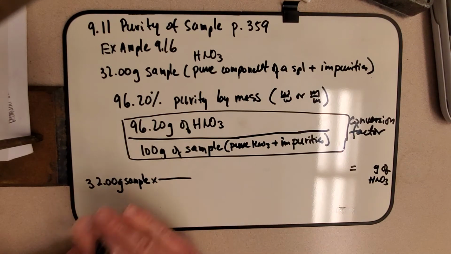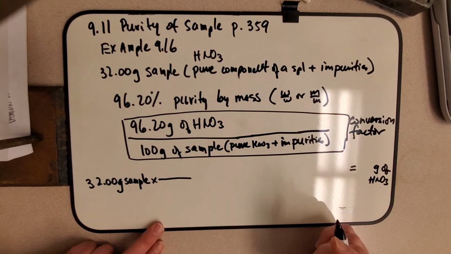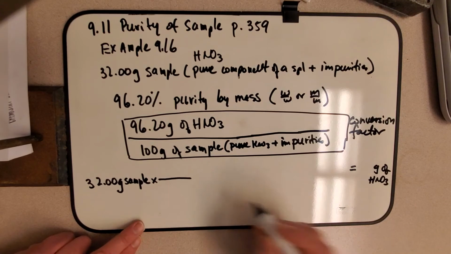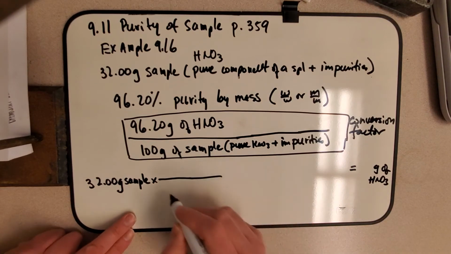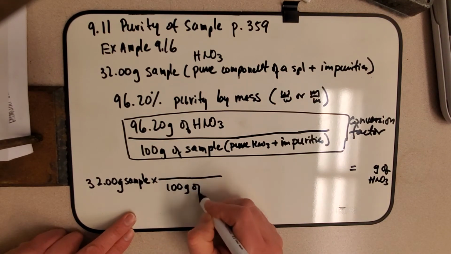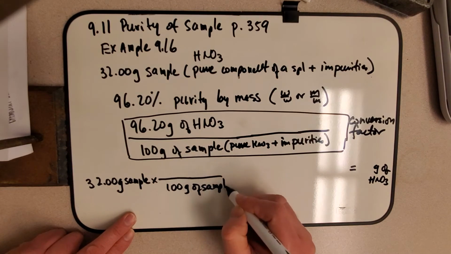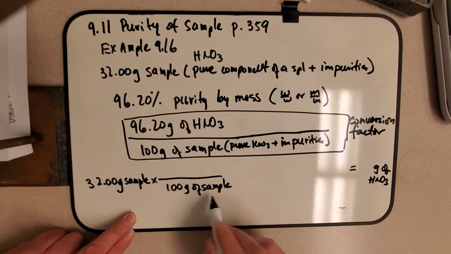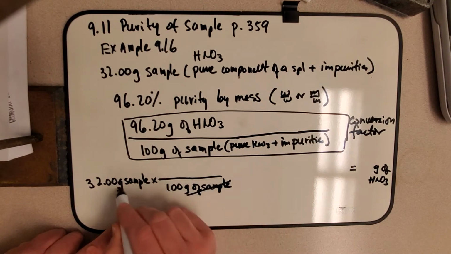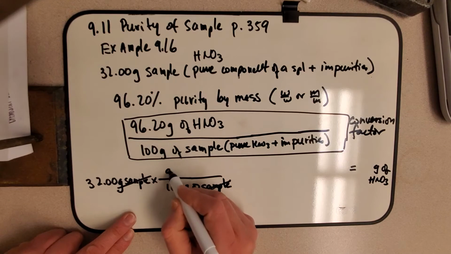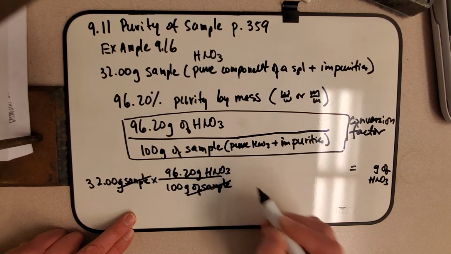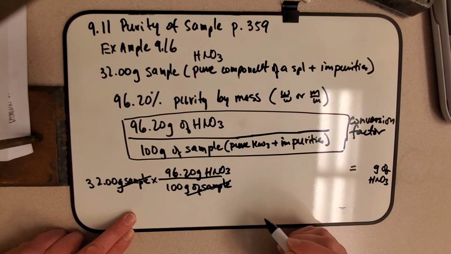So what I've got here is my conversion factor. I know that 100 grams of this sample, which contains the pure and impure components, contains 96.20 grams of the pure component, which is nitric acid in our case.